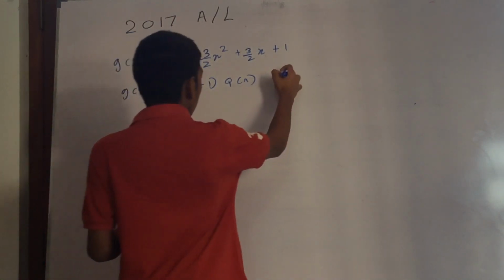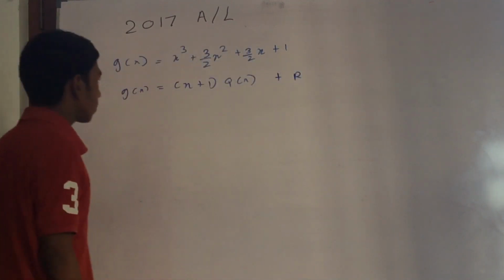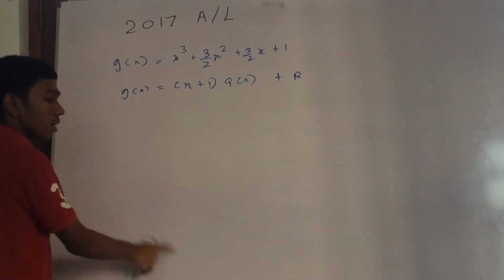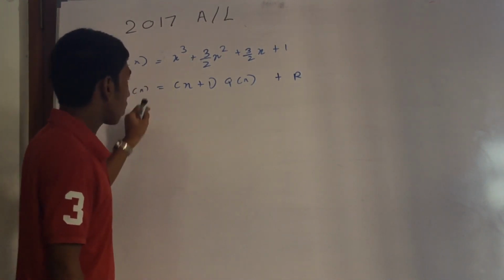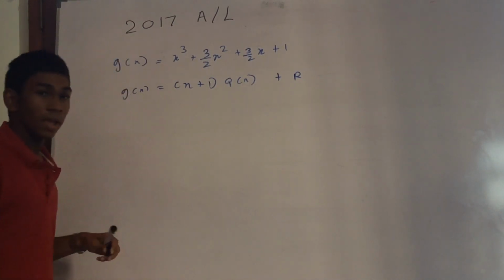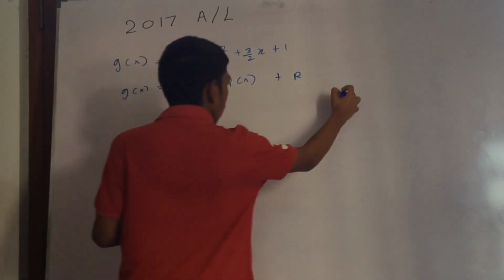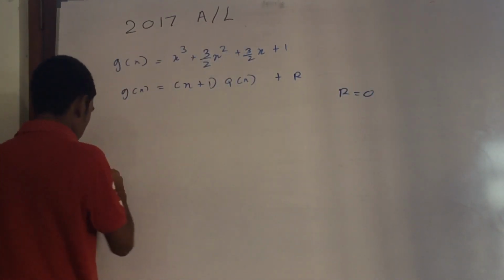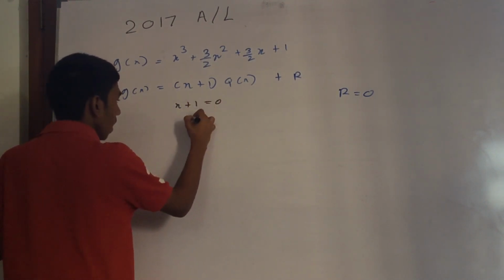If r is 0, then we can show that x plus 1 is a factor of g(x), x cubed plus 3 over 2 x squared plus 3 over 2 x plus 1. R should be 0, we have to show that. So x plus 1 is equal to 0, x equals minus 1.